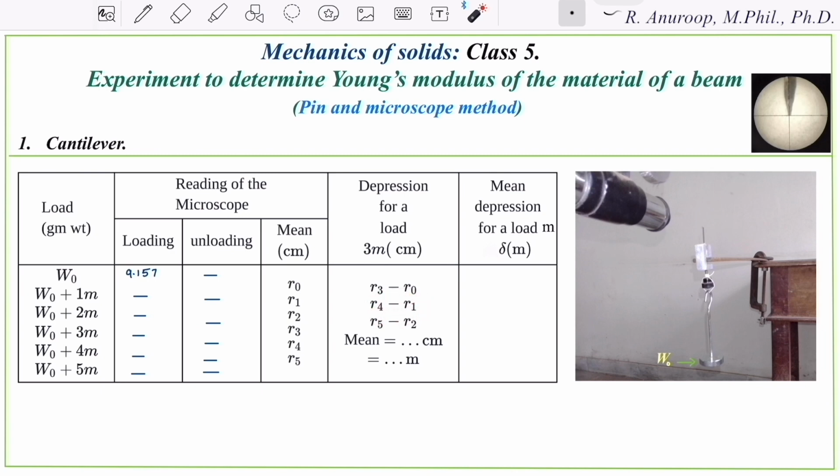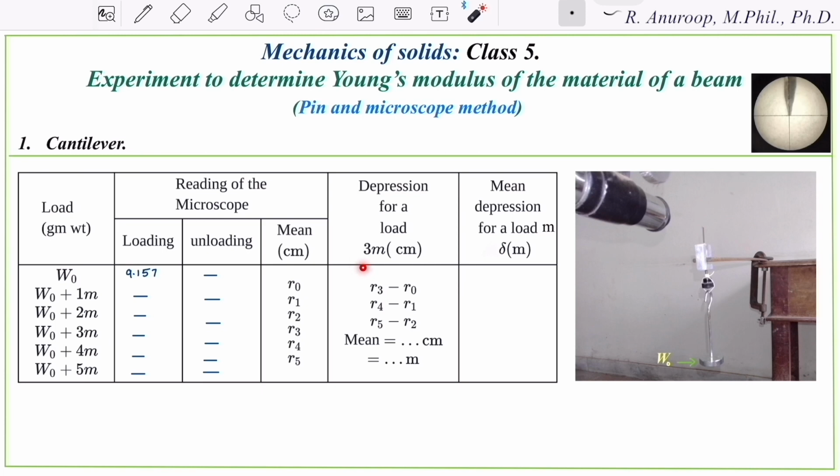Also, if you subtract R2 from R5, you will again get the depression for a load 3m. That is, we are getting 3 readings that all correspond to the depression for a load 3m. Now take the average of these 3 readings. When you take the average of these 3 readings, this will give the depression for a load 3m.